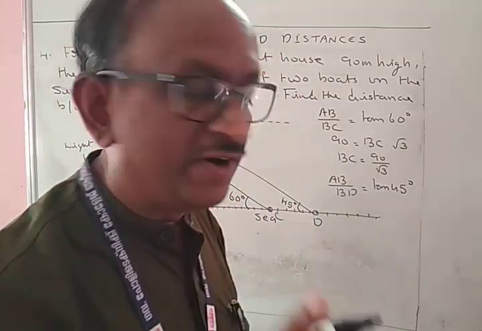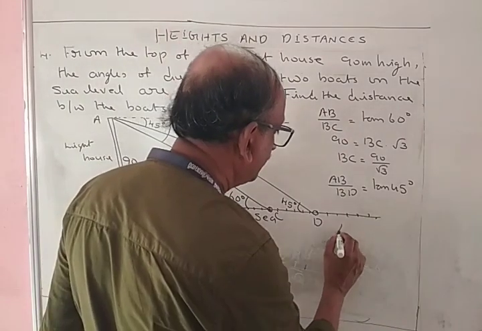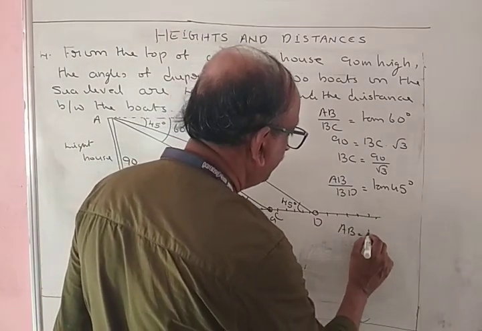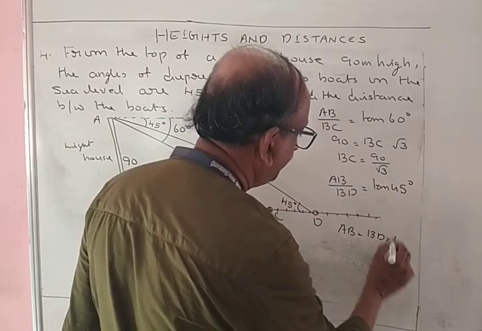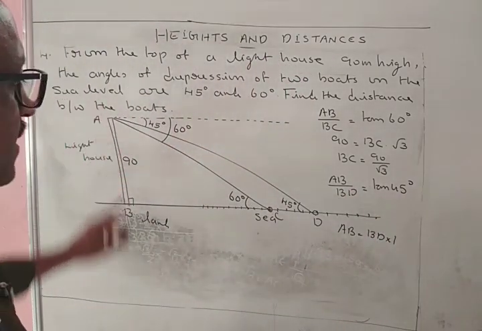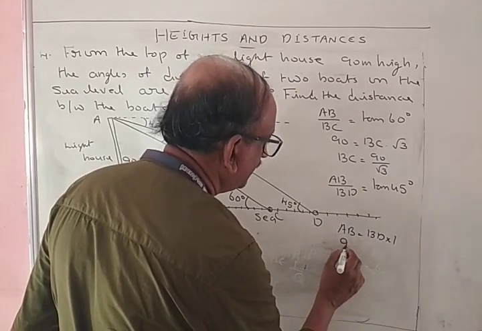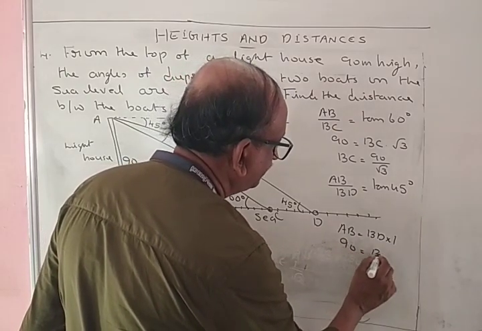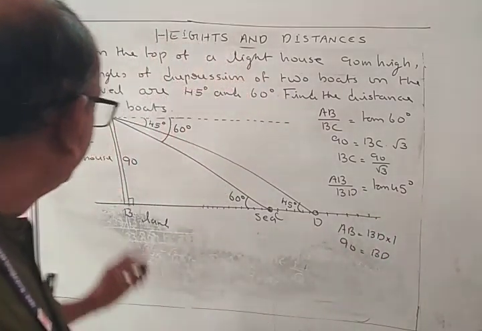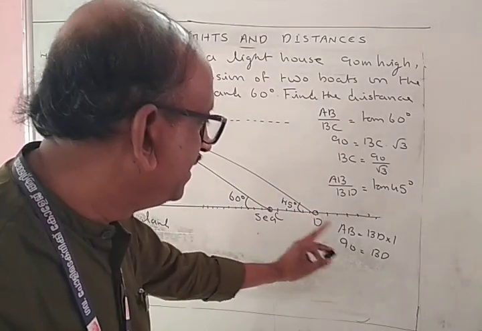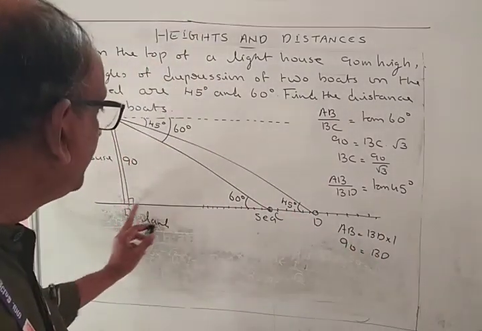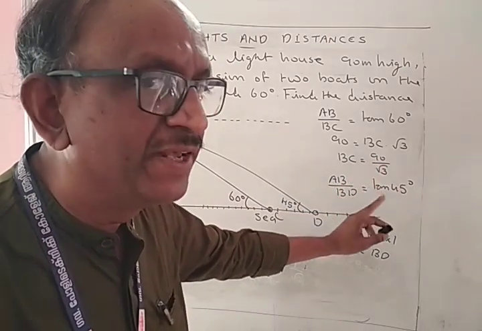Tan 45 is 1. Therefore AB is equal to BD into 1. AB is 90. 90 is equal to BD. The distance between B and D is 90 and the distance between B and C is 90 by root 3.